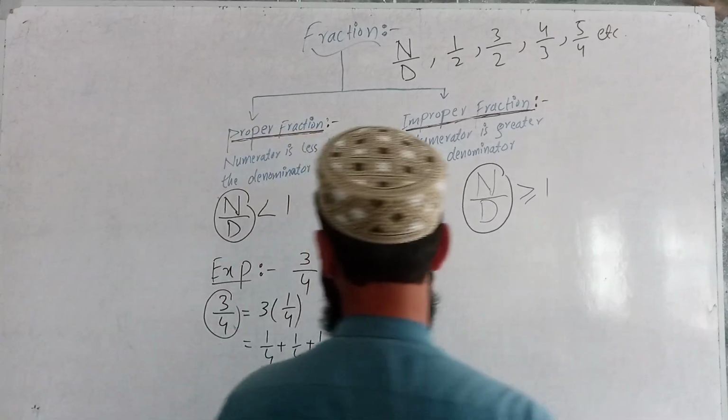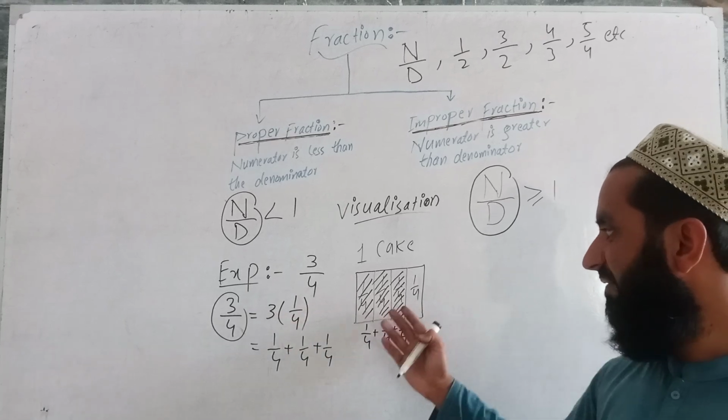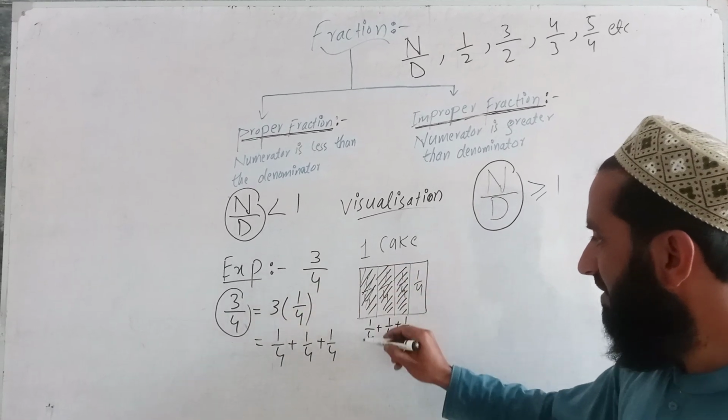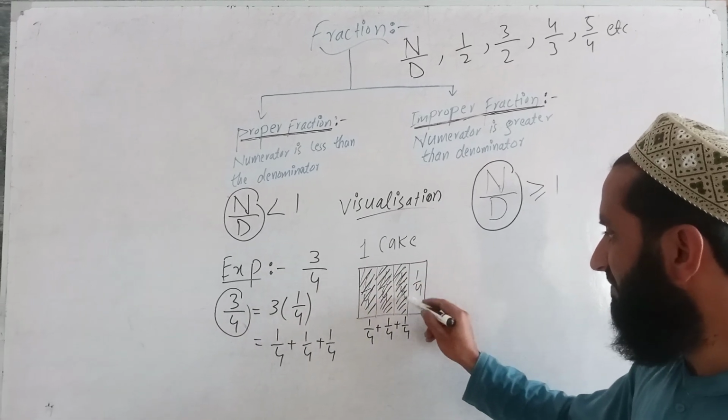So how do we represent 3 divided by 4 in this region? 1 time 1 over 4, 2 times 1 over 4, and then 3 times 1 over 4.